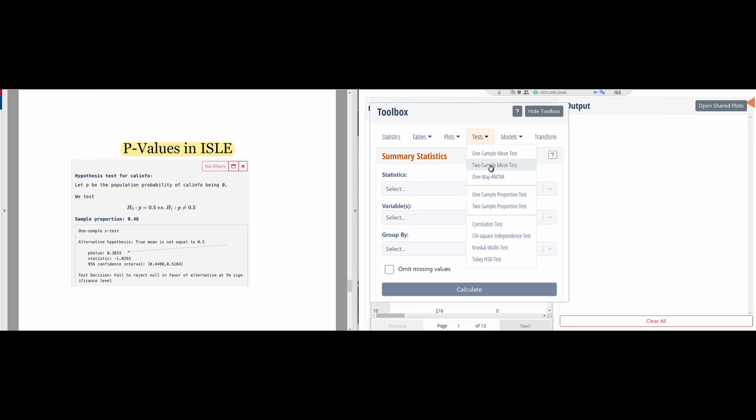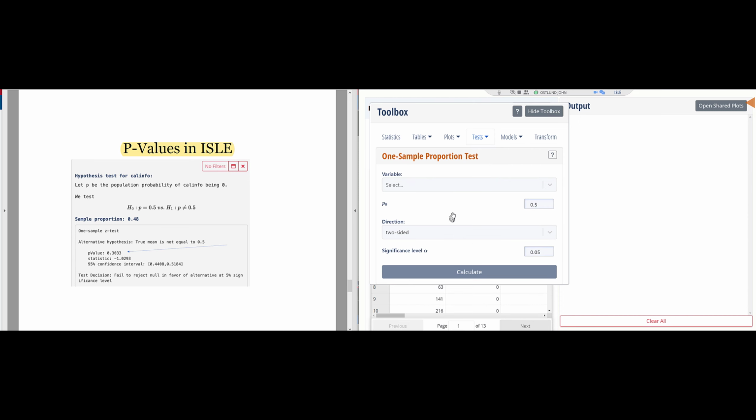Okay, there are 1 and 2 sample mean tests, 1 and 2 sample proportion tests. 2 sample tests we will take a look at in the next module, but let me select the 1 sample proportion test, and my hypothesis is going to be that the proportion of people given calorie information is 0.5. My alternative hypothesis is therefore going to be that the proportion is not 0.5, that it's either significantly greater than 0.5 or significantly lower than 0.5.